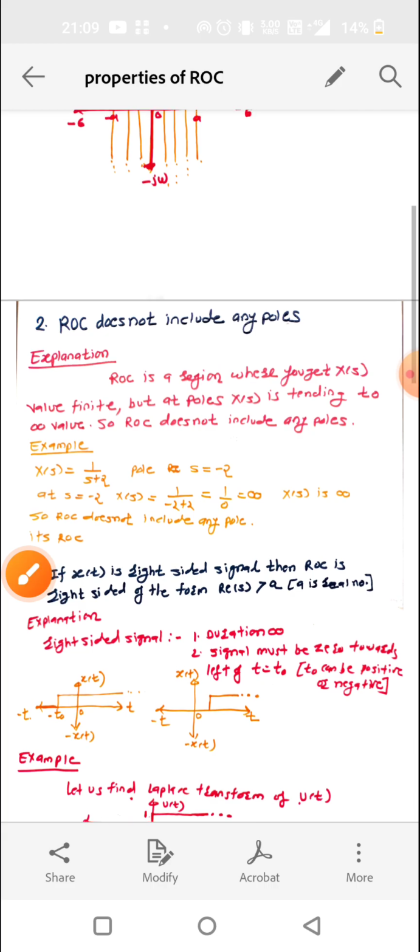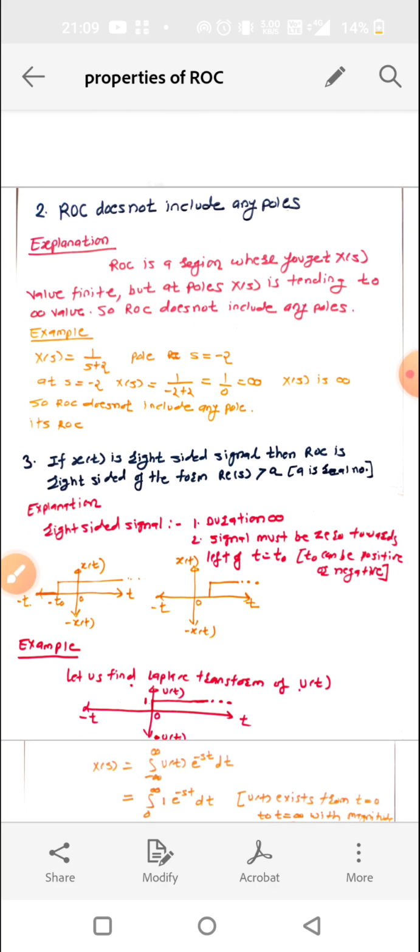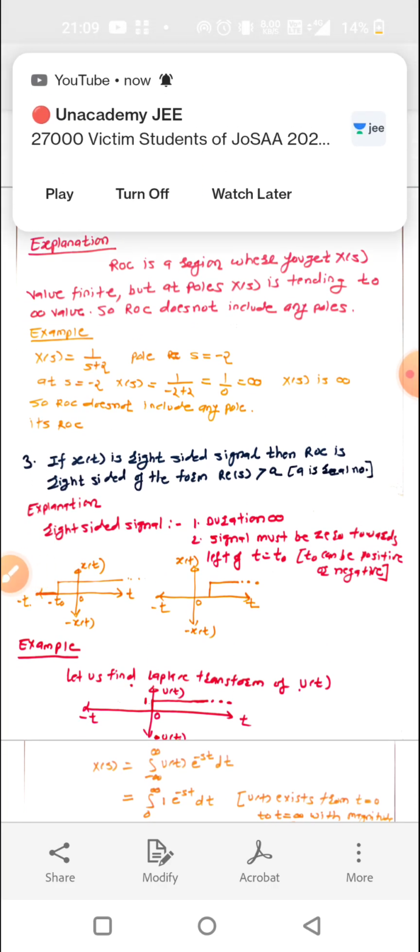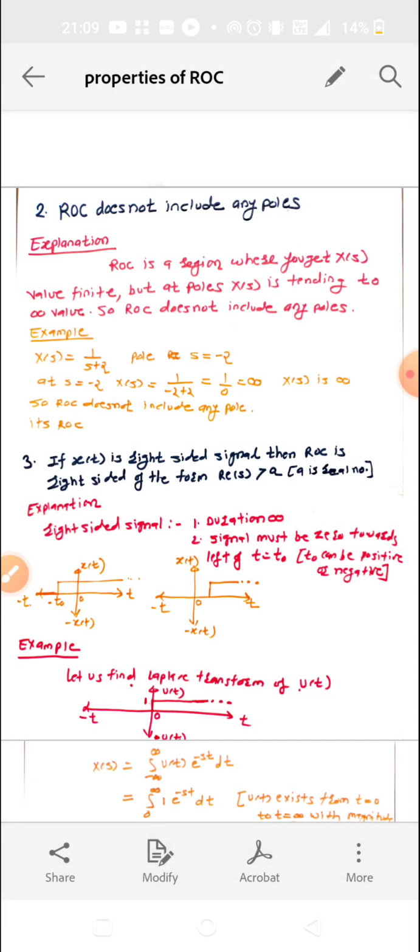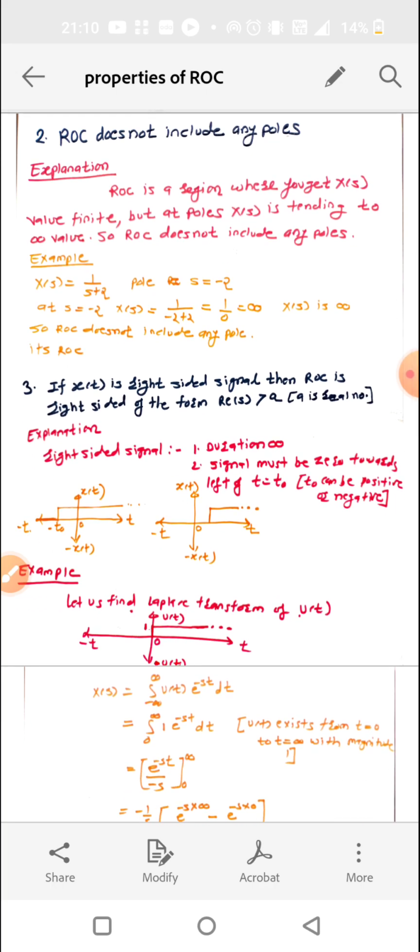Here we have taken one example, X(s) is equal to 1 by s plus 2. Here s equal to minus 2 is the pole. So at s equal to minus 2, X(s) is equal to 1 by minus 2 plus 2, that is 1 by 0, equal to infinity. X(s) is infinite at the pole, but ROC gives you the finite value. That's why it does not include any poles.